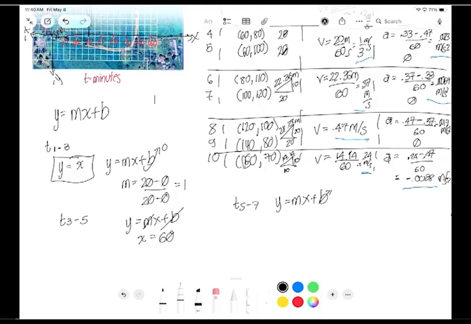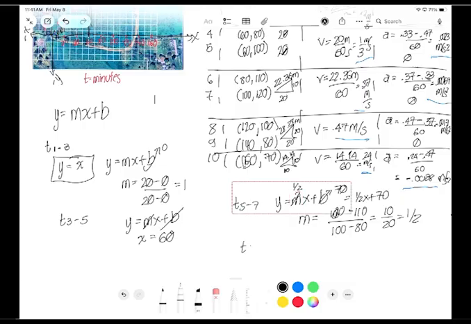So this is 70, and we have m equals right here 120 minus 110 over 100 minus 80, and that equals 10 over 20. That's 1/2. So our equation is y equals 1/2 x plus 70.